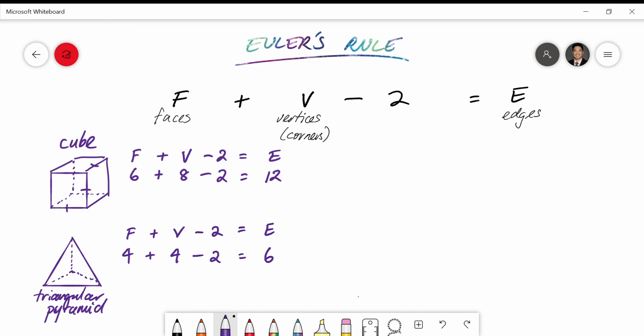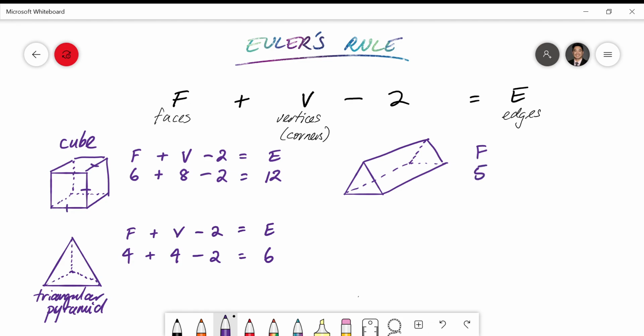Let's think of a triangular prism. We're going to count the same thing, and in this case the number of faces, we've got 1, 2, and let's put the dots in. So we've got 1, 2 on the ends, and 3, 4, and then 5.